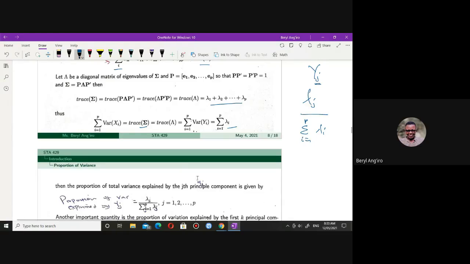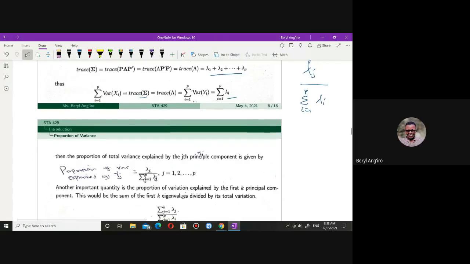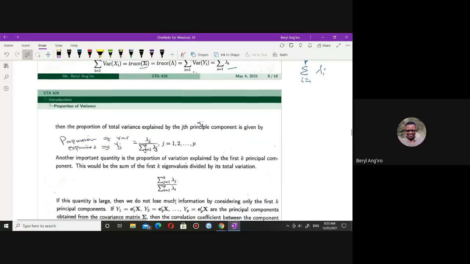Then we have another important quantity, which is the proportion of variance explained by the first k principal components. So for instance, for the first two principal components, the proportion of variance they explain will be the sum of the first two eigenvalues divided by the total eigenvalues.